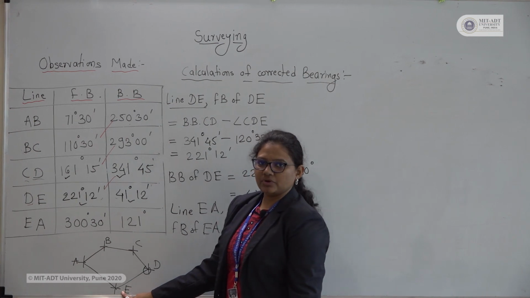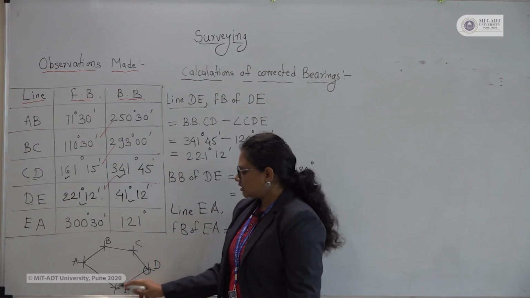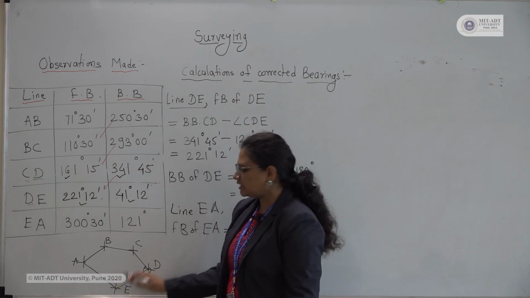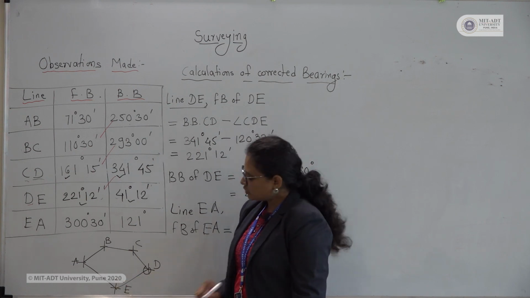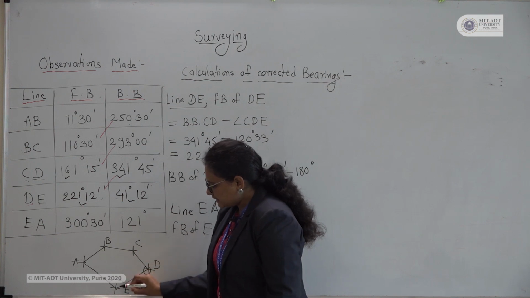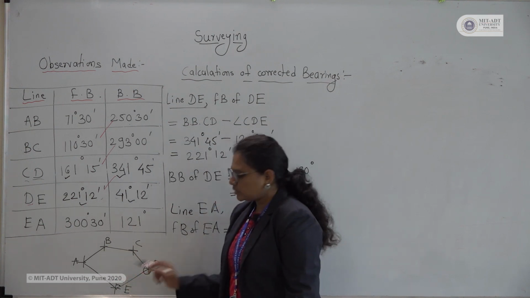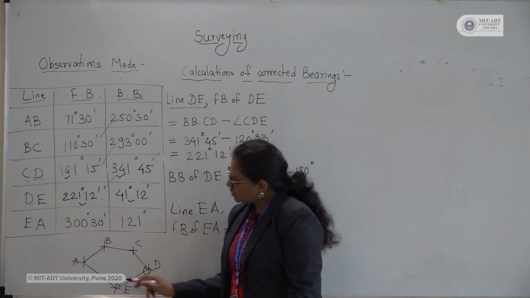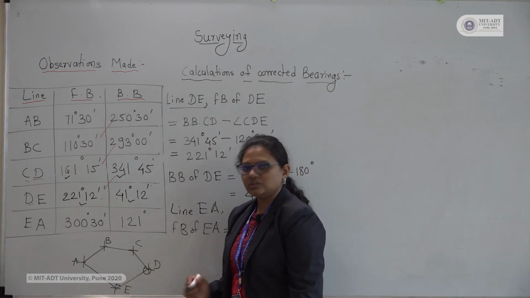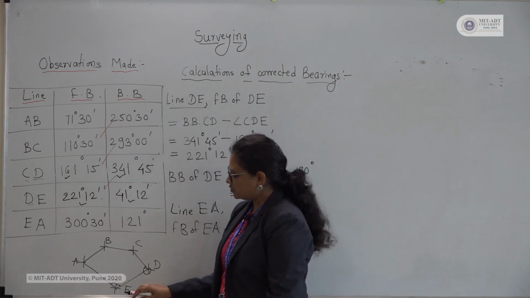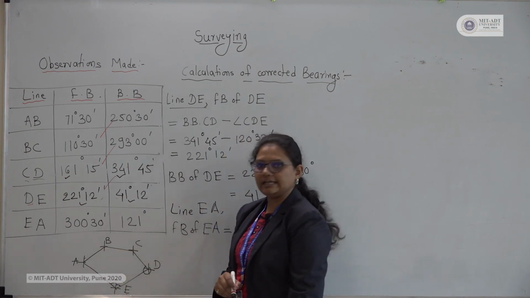For this point E, the related values are the back bearing of ED, that is the back bearing of DE, and the included angle at point E. Now you can see that DE has a back bearing of this value, and this will be your included angle. If you subtract these two values, then you will get this value. But which answer do we want? We want to find out the fore bearing of this line EA.